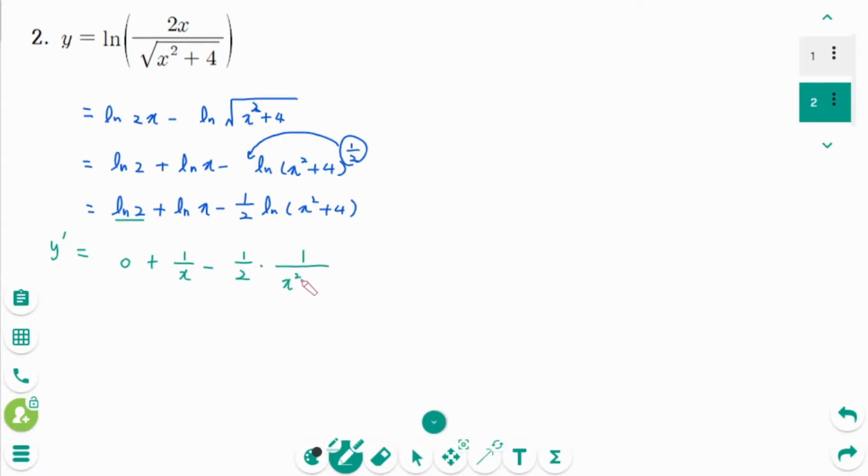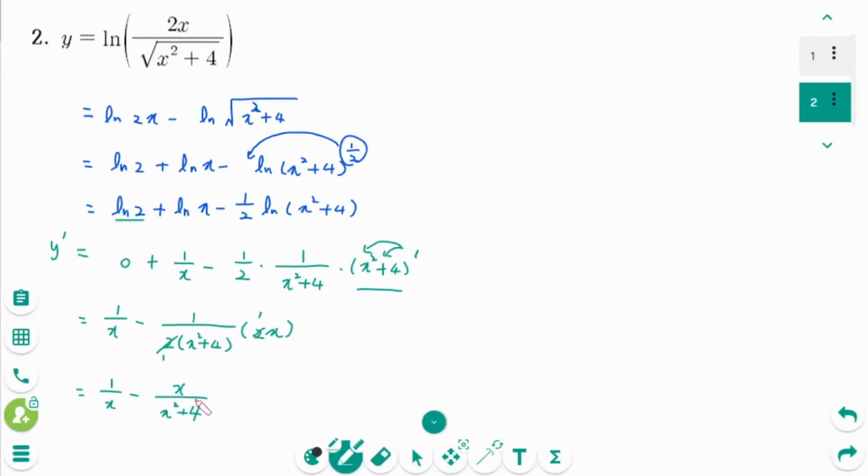Plus 1 over x minus 1 over 2 times 1 over x squared plus 4 times x squared plus 4 prime, which equals 1 over x minus 1 over 2 times 1 over x squared plus 4 times 2x plus 0, which equals 1 over x minus x over x squared plus 4, which equals x squared plus 4 minus x squared over x times x squared plus 4.